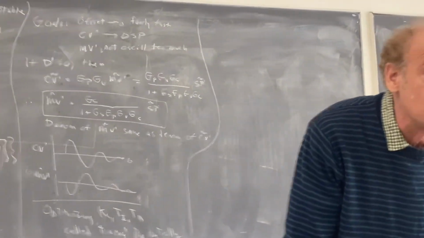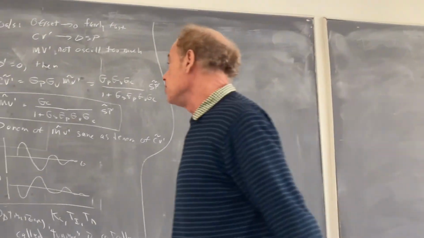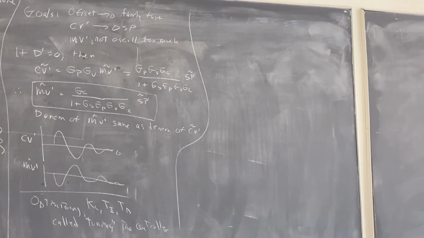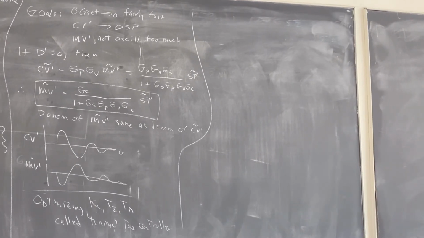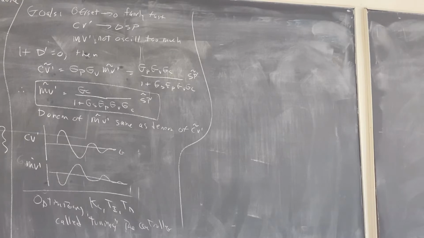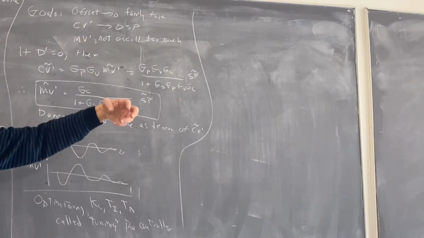Okay, so the tuning problem is a hard problem. The tuning problem is where we would like to get values for KC, TI, and TD to make the system behave as optimally as we can.